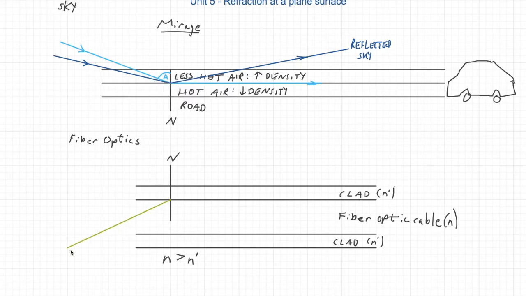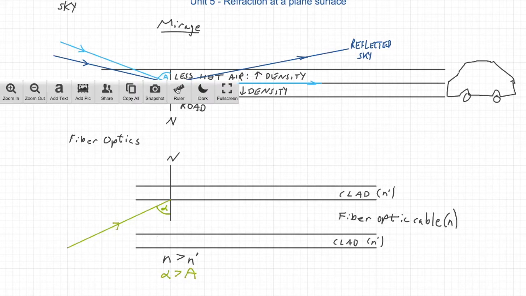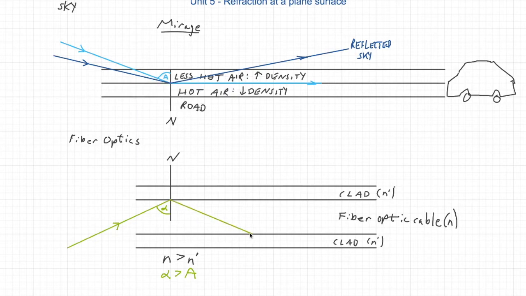And we'll send in a light ray at greater than the critical angle. What's going to happen? Alpha is greater than A, therefore we're going to get a reflection inside the cable, which is going to strike the opposite side of the cable, also at that angle alpha, greater than the critical angle, and that will be reflected.